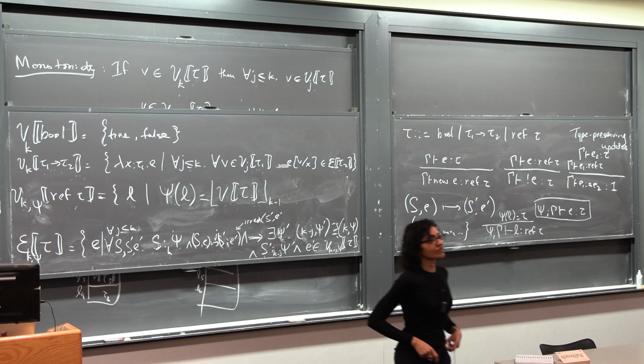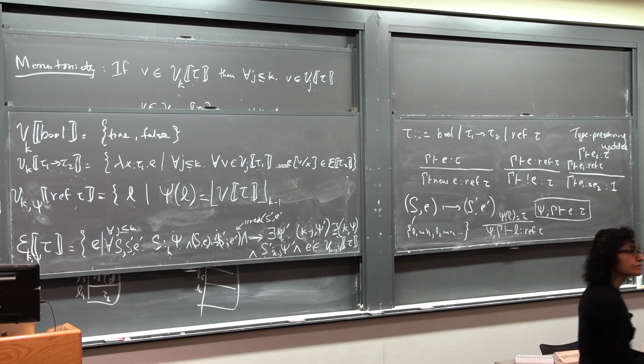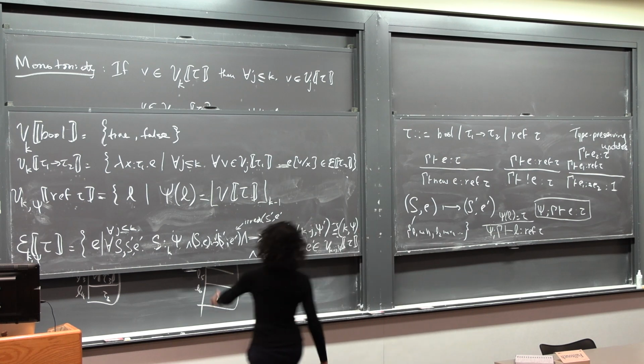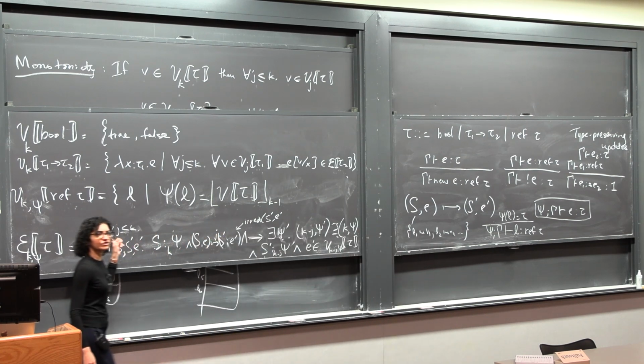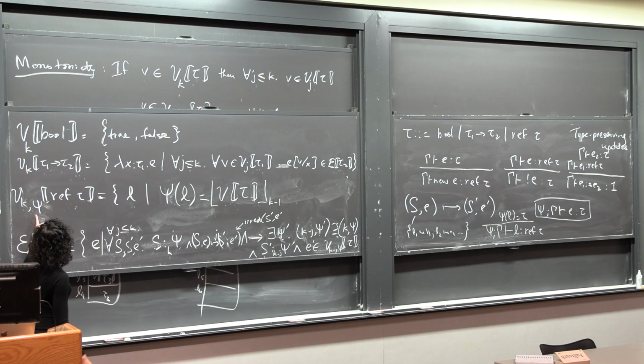What is different between the value relation indexed by numbers and the value relation unindexed but restricted? You mean right here, when the reduction relation? No, you're talking about the value relation. Yes, so in this ref case, it says that psi of L is equal to the restriction of the value relation minus 1.